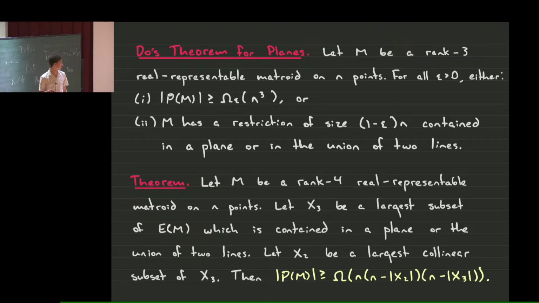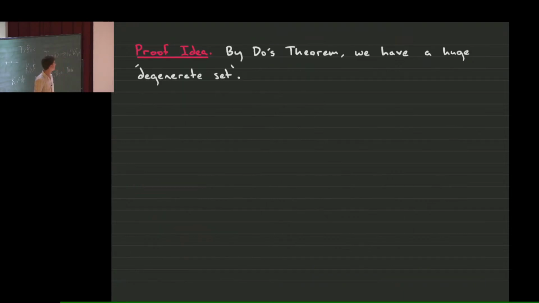That's what the theorem says. So we have a huge degenerate set. I'm going to call a set degenerate if it's coplanar or in the union of two lines. So that's two cases to consider. The case that the set is coplanar happens to be the easier case to consider, so let's talk about what happens when we have the two skew lines.